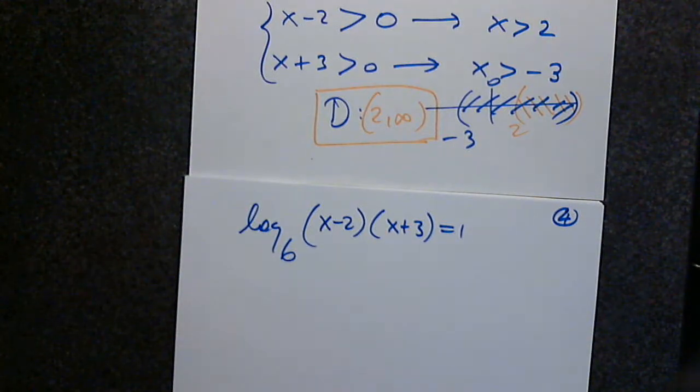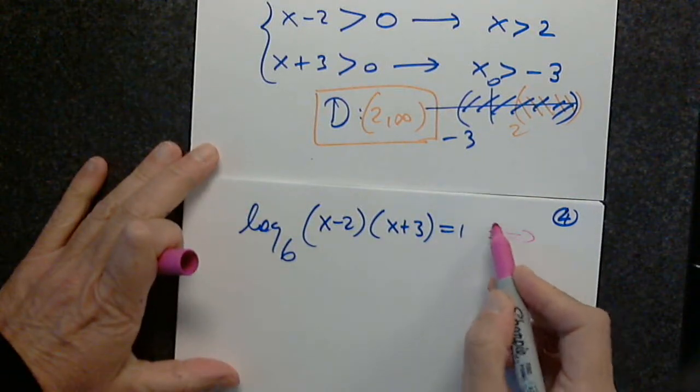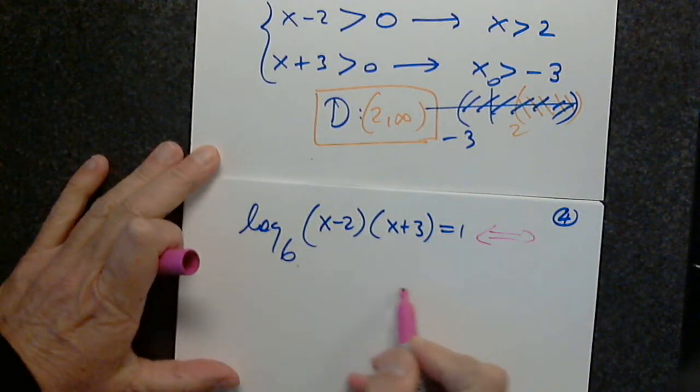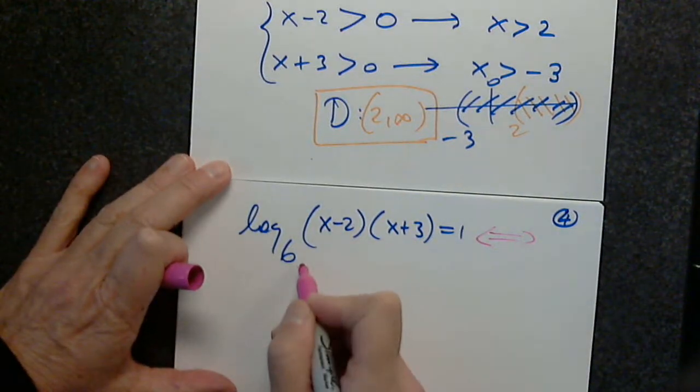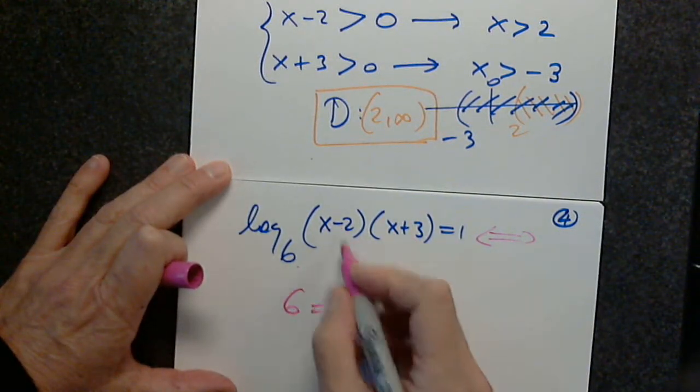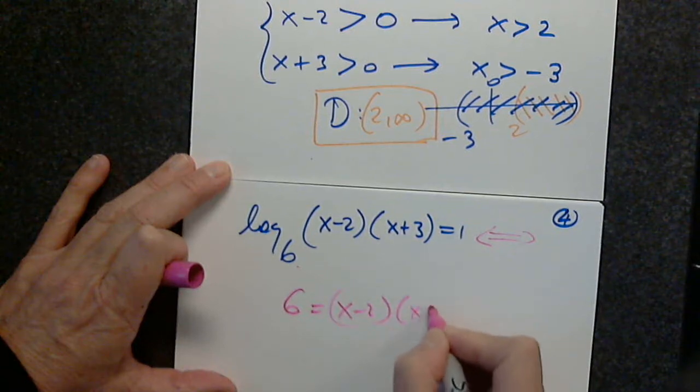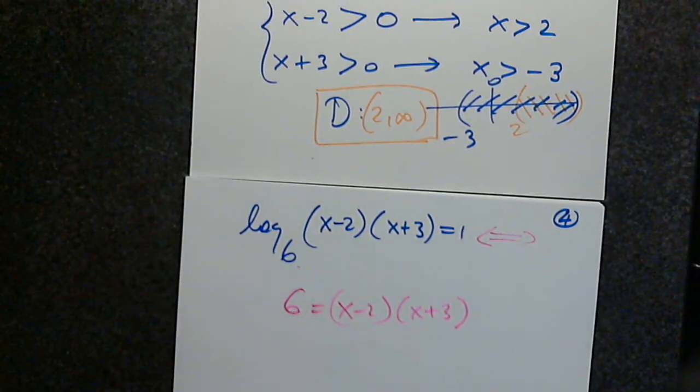The next step would be to change it into an exponential equation. The base raised to the first power equals x minus 2, x plus 3. Let's solve this equation now. What type of equation is it?